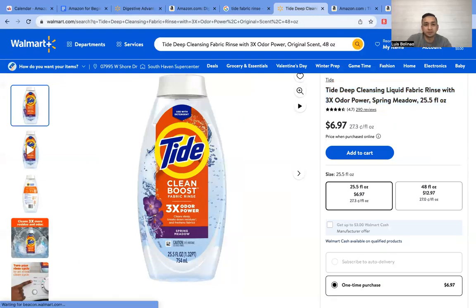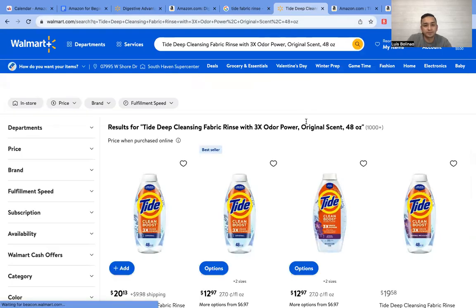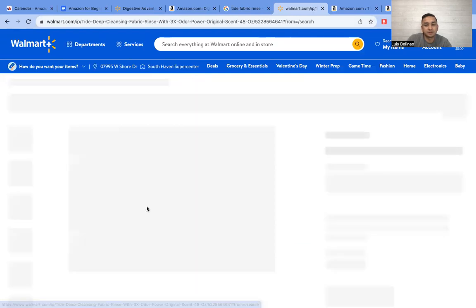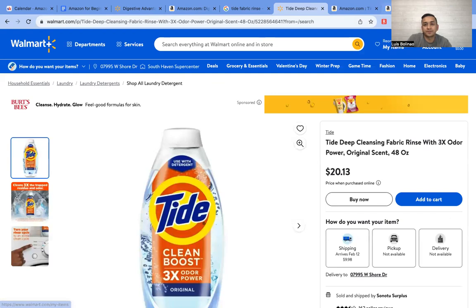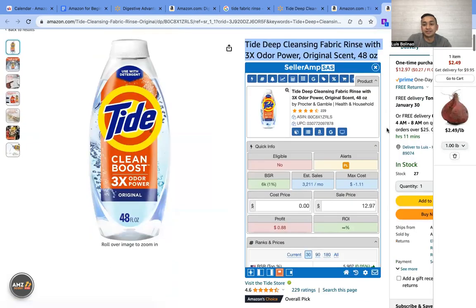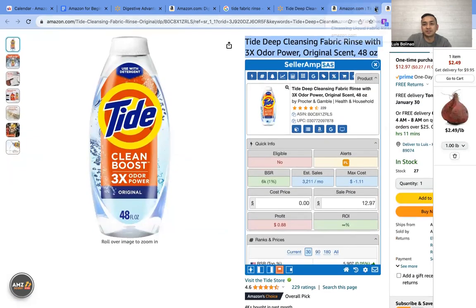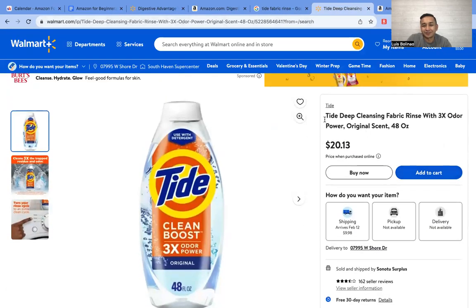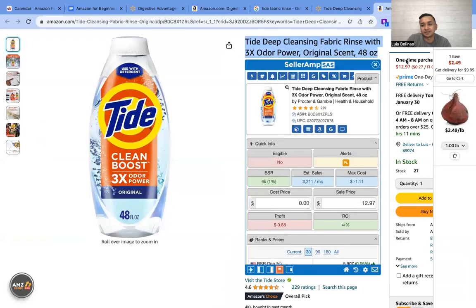So let's see. This one, right? For this instance, it's actually more expensive on Walmart. This one's $20 on Walmart, and it's about $13 on Amazon.